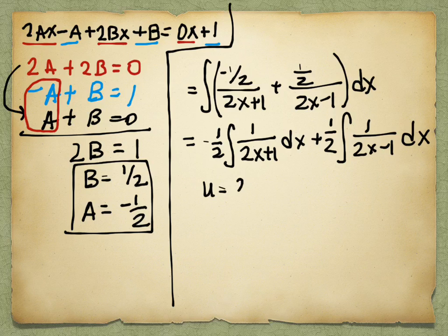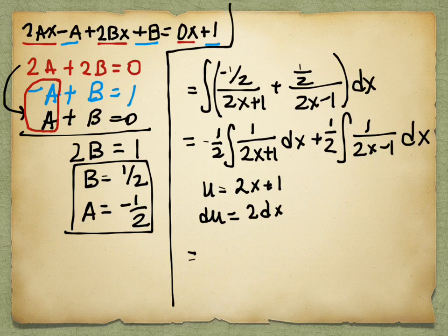So I'm going to let u be 2x plus 1. And then what would du be? Two dx actually, right? So again, I'm just doing the leftmost fraction here. So I do not have a 2 in the problem. In fact, I have a 1/2, which is just the exact opposite for all intents and purposes.